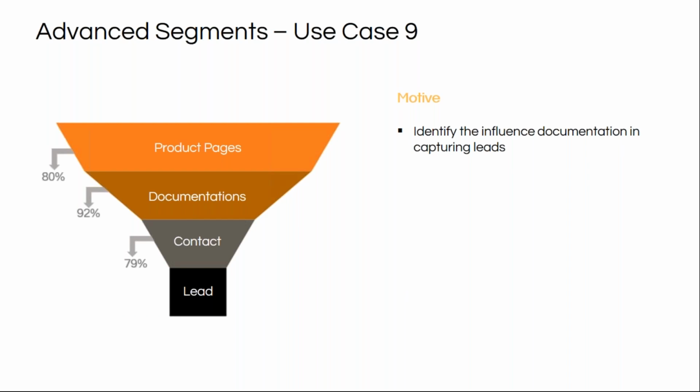Then another implementation that we can do is that Google enables us to segment visitors based on very different logical conditions and sequential conditions. For example, there was a middleware company which had a lot of products, and also a large documentation site providing all the necessary information related to their products. What we wanted to identify was how effective this documentation is for the end user.